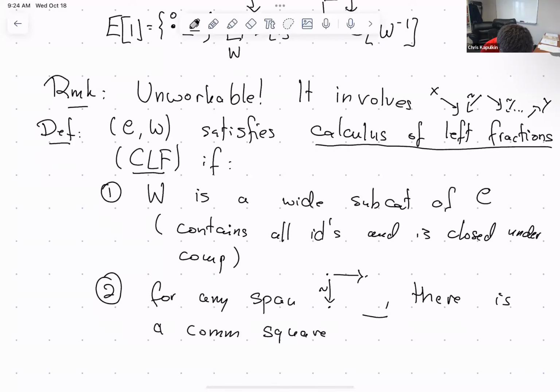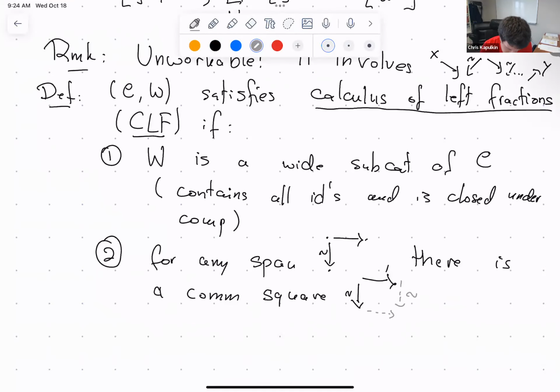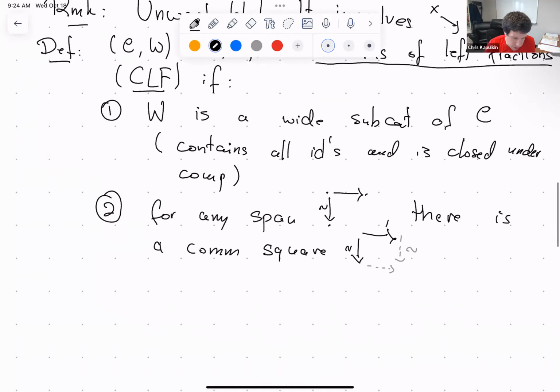I'll draw the original span, and now we can complete it to a commutative square like so, where we swapped the weak equivalence in some sense. So it's a way of swapping the weak equivalence to something else.